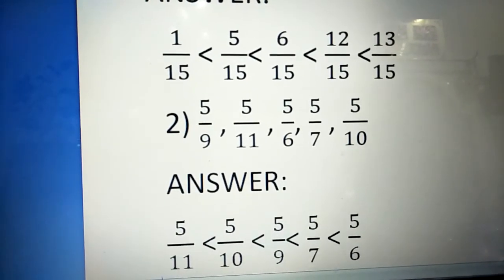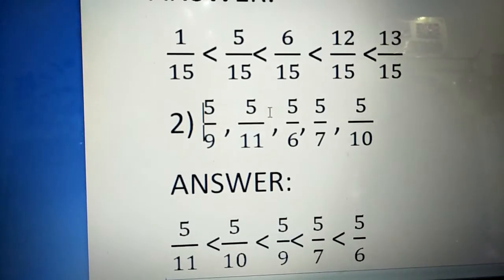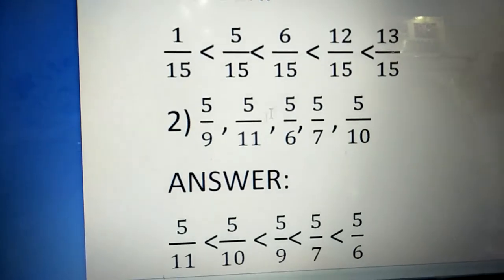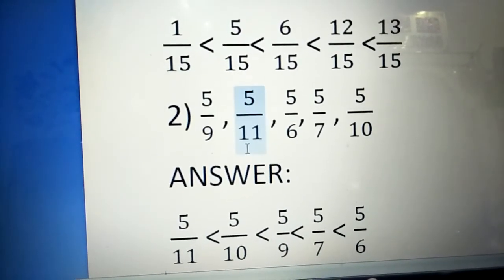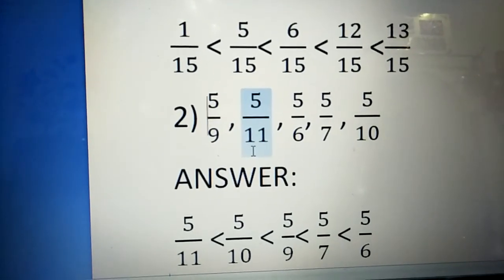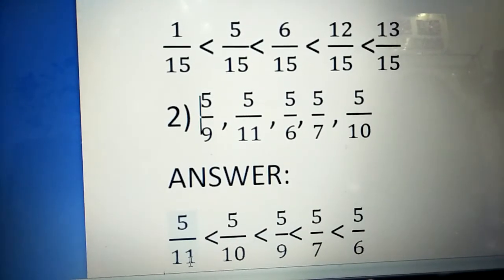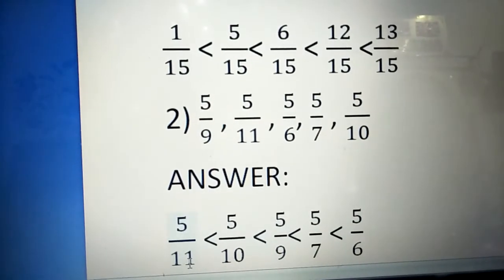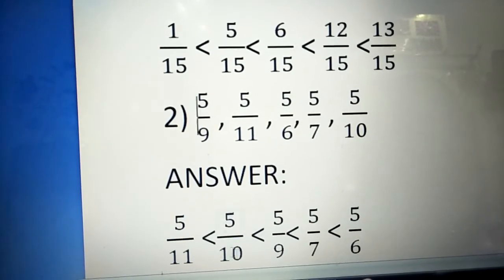So you listen, very simple. So both numerators are 5, so no problem. There we write down ascending means smaller to greater, but simply have to arrange in the denominator greater to small.